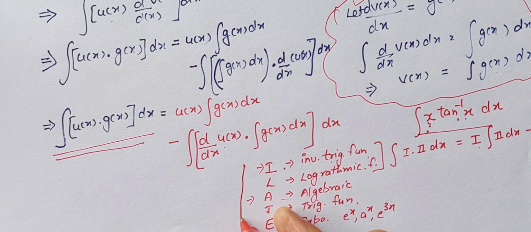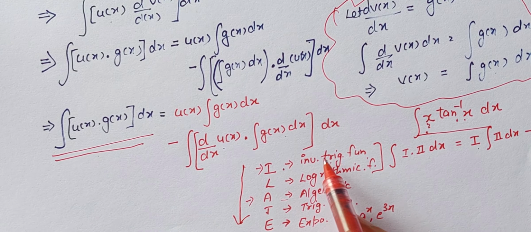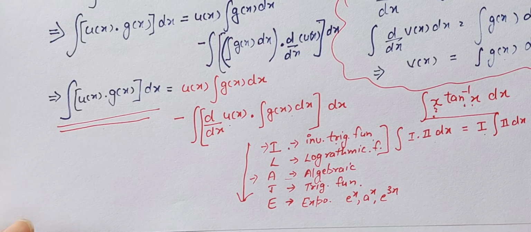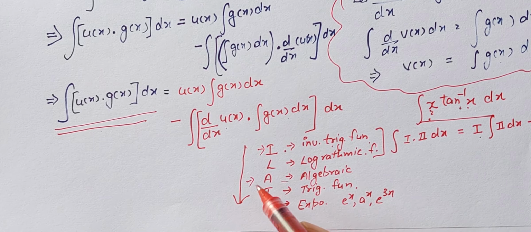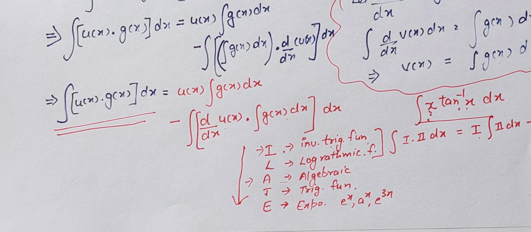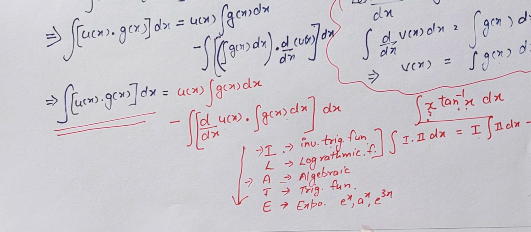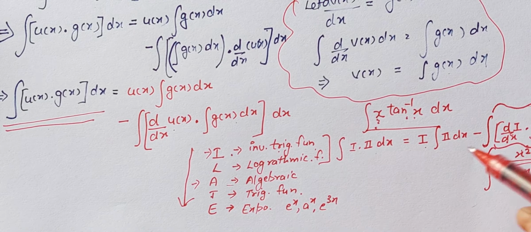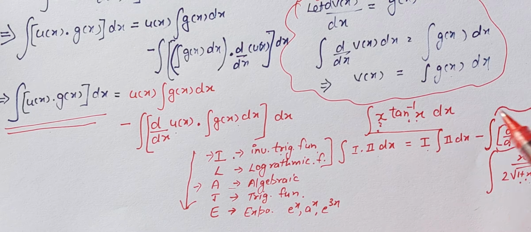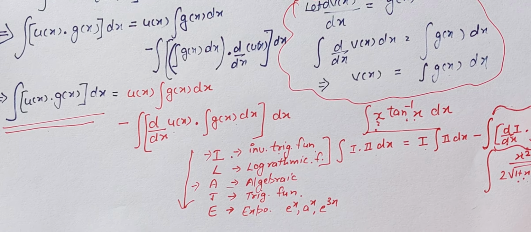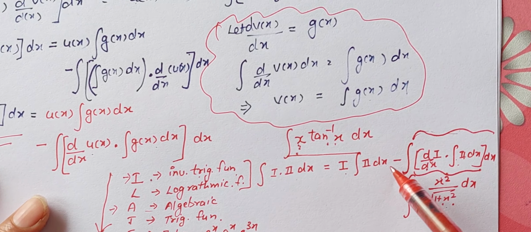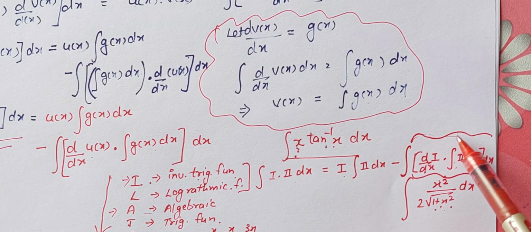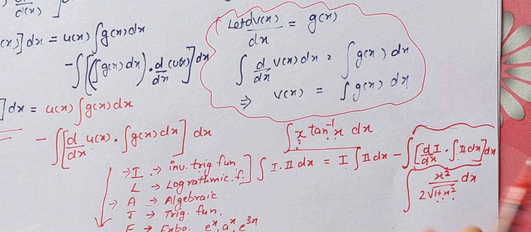In this order we actually choose our first function. That eases the process. However, this is not a very hard and fast rule. At times the rule may differ, but I have told you the funda. You must focus on this part here. That choice should be considered which eases us with this process.